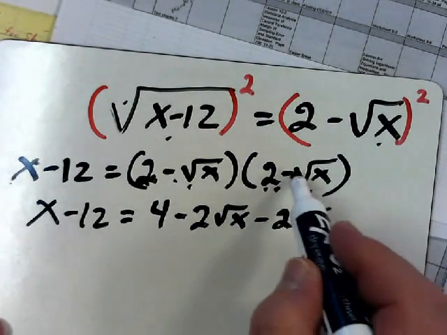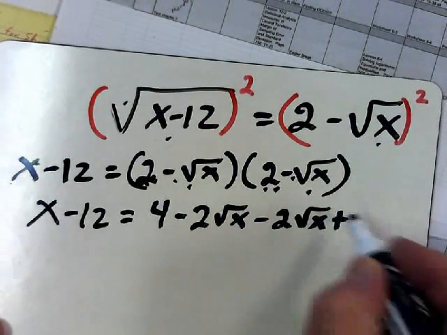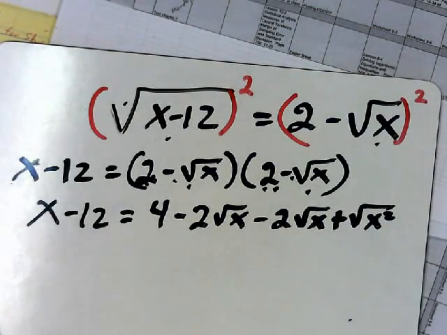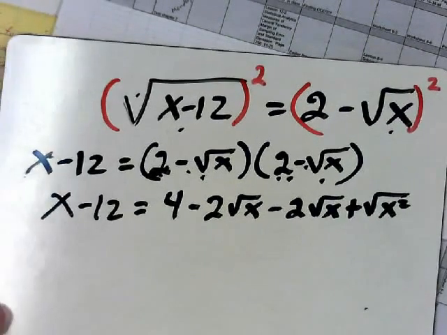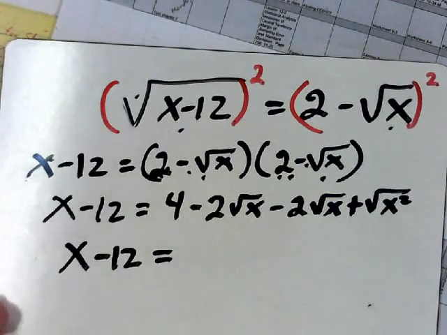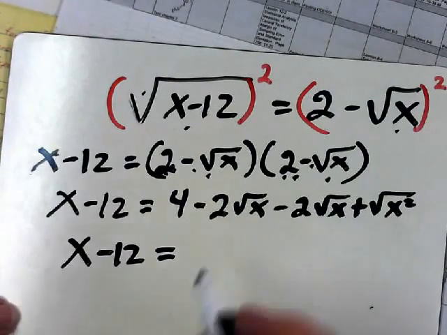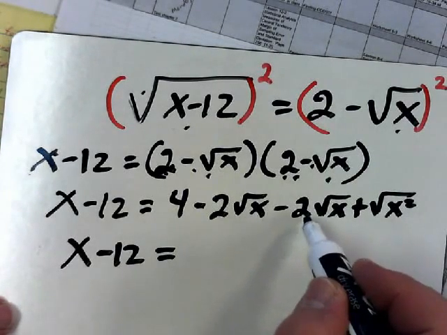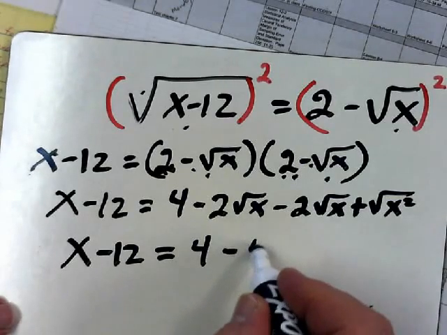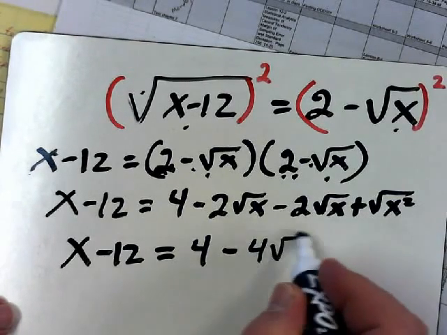What's a negative times a negative? The square root of x squared. Because x times x is x squared. So I need to simplify. I have x minus 12 equals. These two can add together, so I have 4 minus 4, the square root of x.